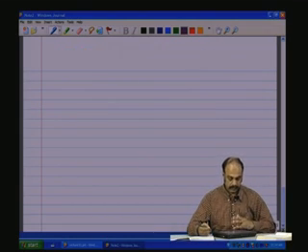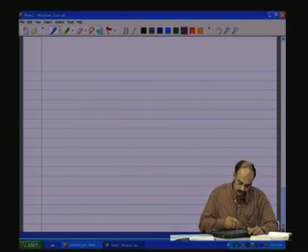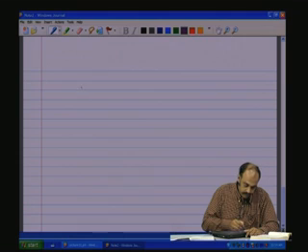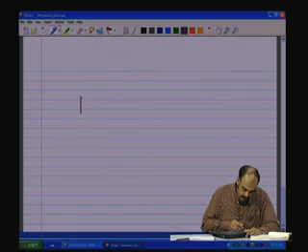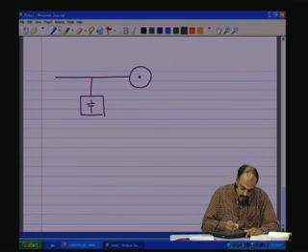So, let us take a textbook example where there is a capacitance buffer, there is also a motor load.